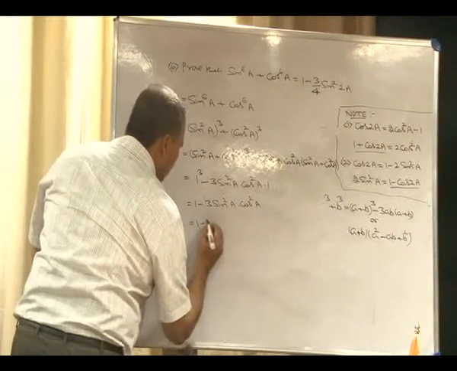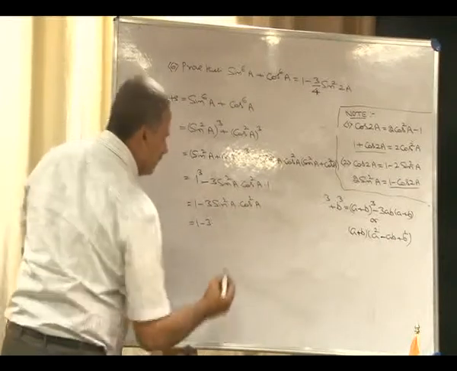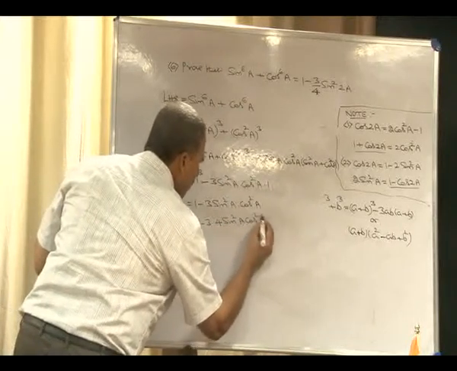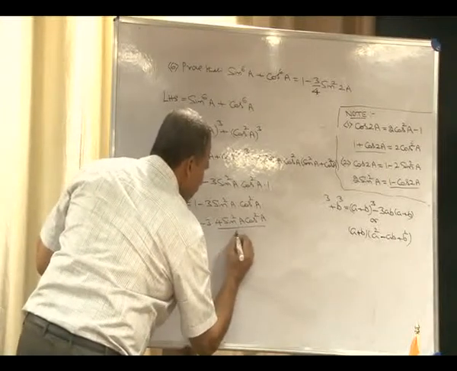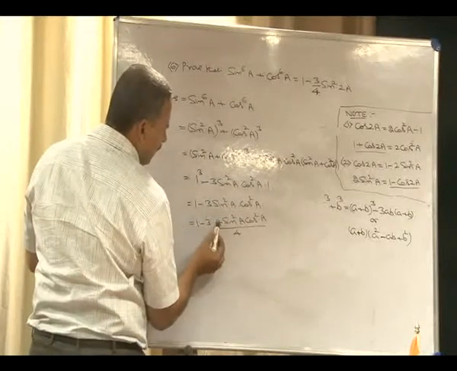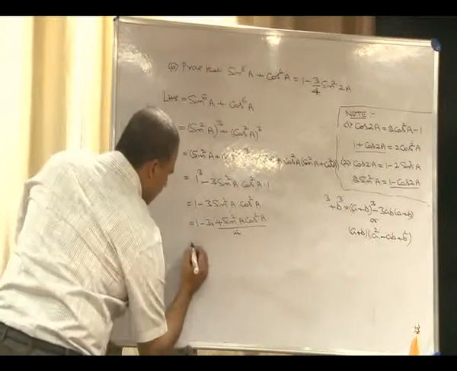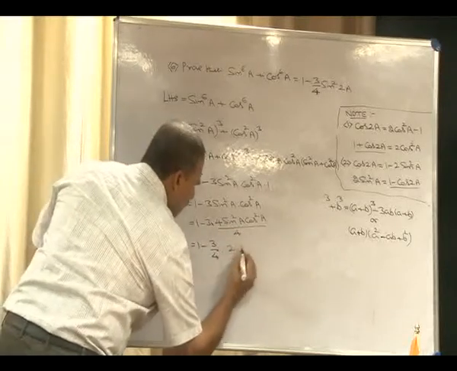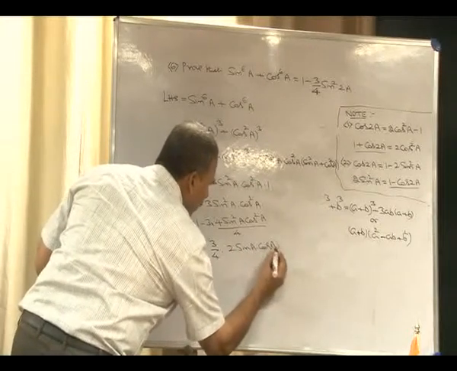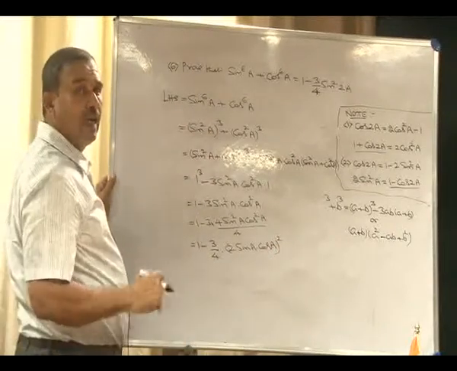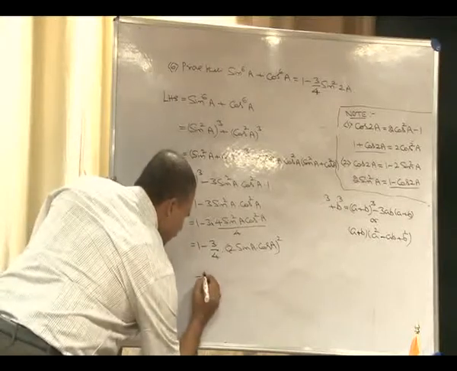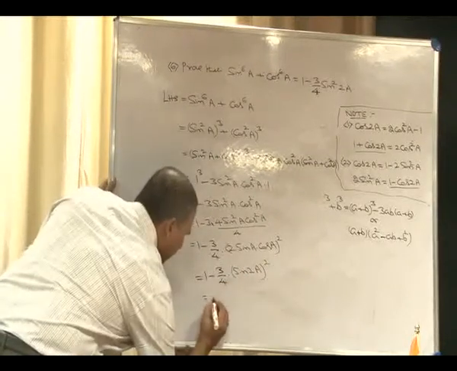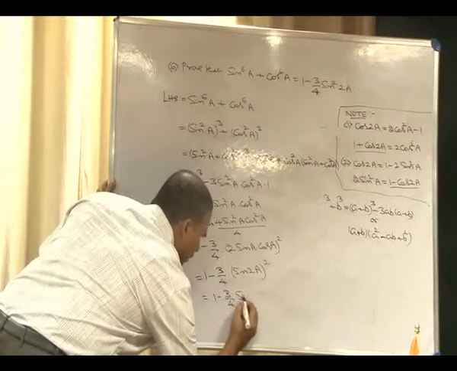That is equal to 1 minus 3 into sin square A cos square A. You may write 3 sin square A cos square A as 3 by 4 into 4 sin square A cos square A; that means sin square A cos square A is multiplied and divided by 4. That is equal to 1 minus 3 by 4 into 4 sin square A cos square A, which is 2 sin A cos A the whole square. 2 sin A cos A is sin 2A, so that is 1 minus 3 by 4 sin 2A the whole square, which is 1 minus 3 by 4 sin square 2A.